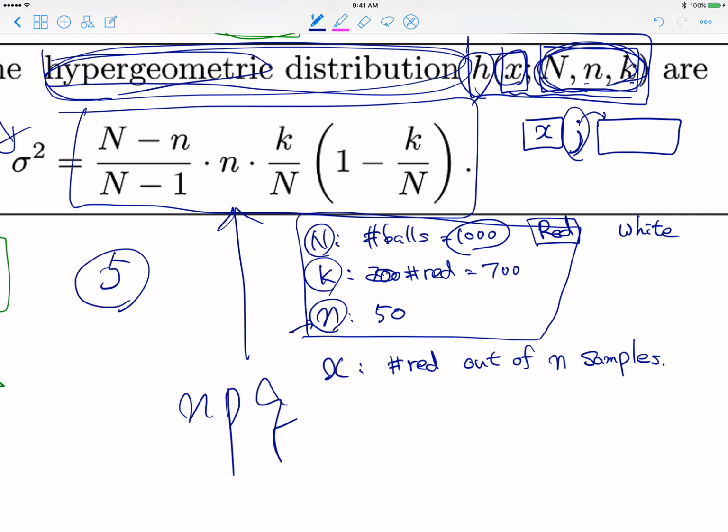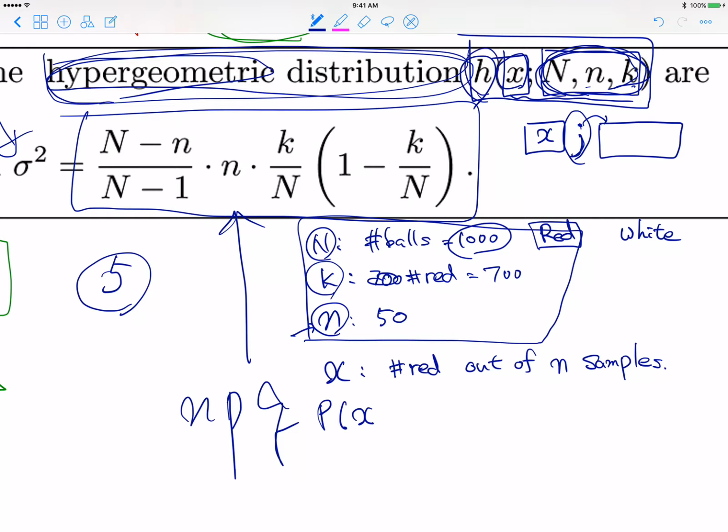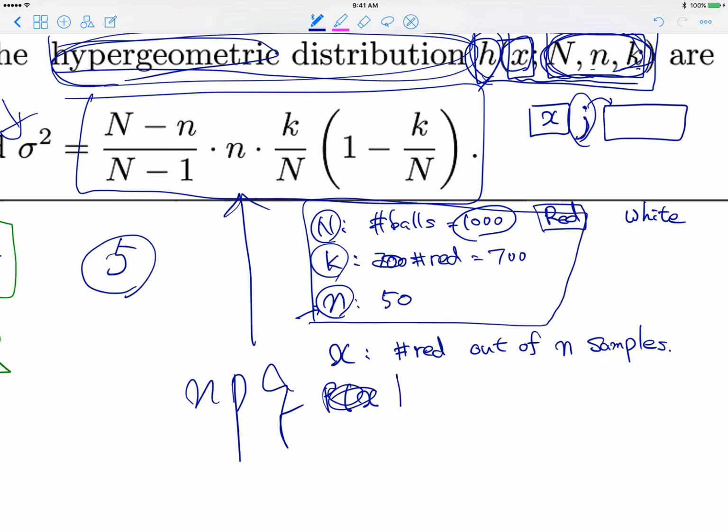So we are computing the probability of an X. So let's use this H. H of X being, for example, 30 out of 50. In this case, we use large N being 1,000, k being 700, and small n being 50.